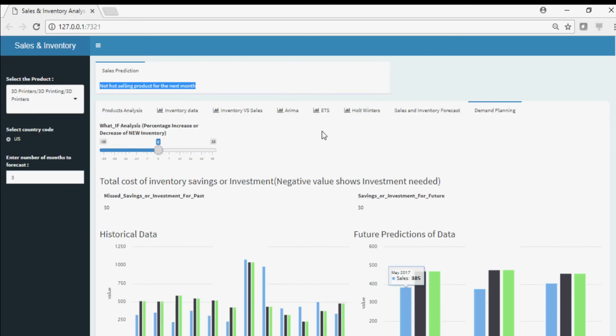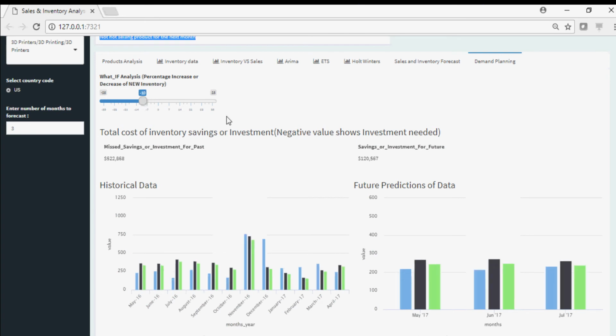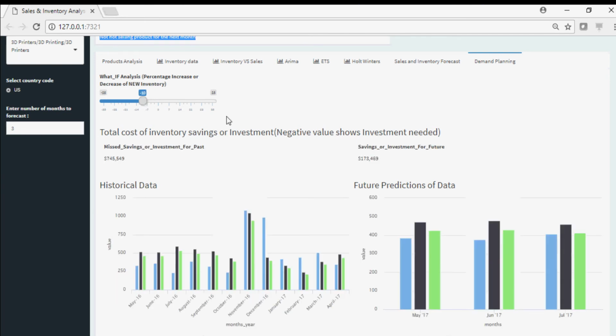Now I have an option here to change the inventory. Because I may end up having less sales than inventory, I can decrease the inventory by 10%. Decreasing the inventory by 10%, historically, for the last 1 year, I could have saved $745,000, which I haven't saved yet.